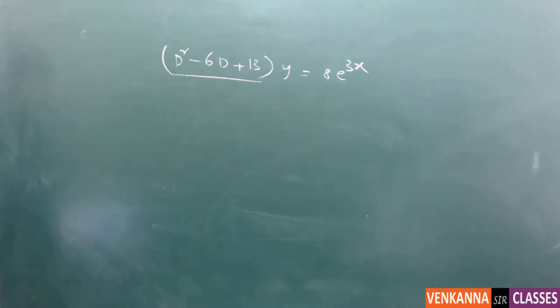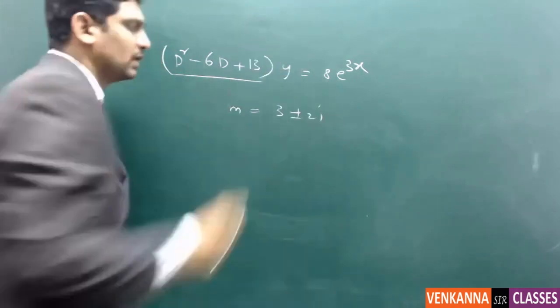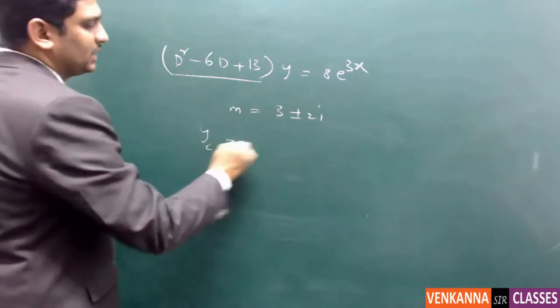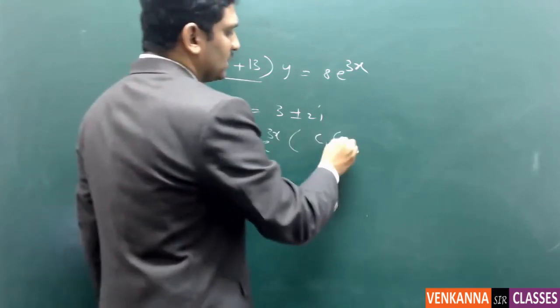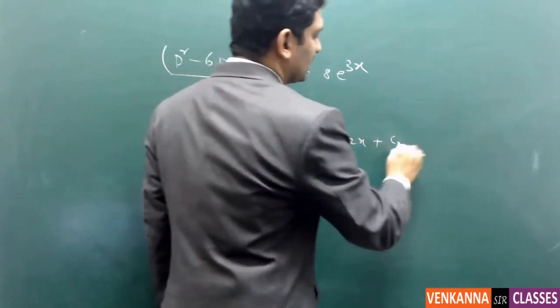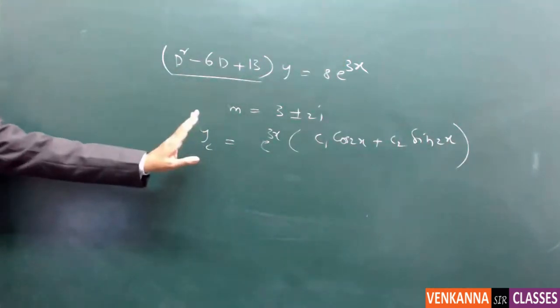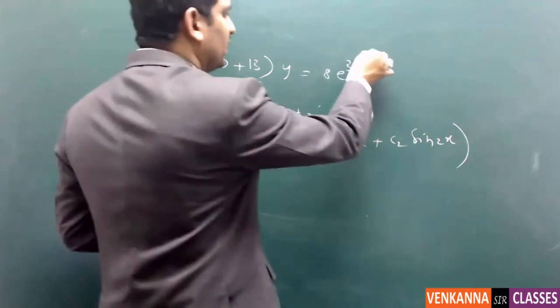So m value will come as 3 plus or minus 2i. So yc is equal to e power 3x into c1 cos 2x plus c2 sin 2x. All of you clear with yc? Fine. Now, to find yp, please understand what is the function given in the right hand side.